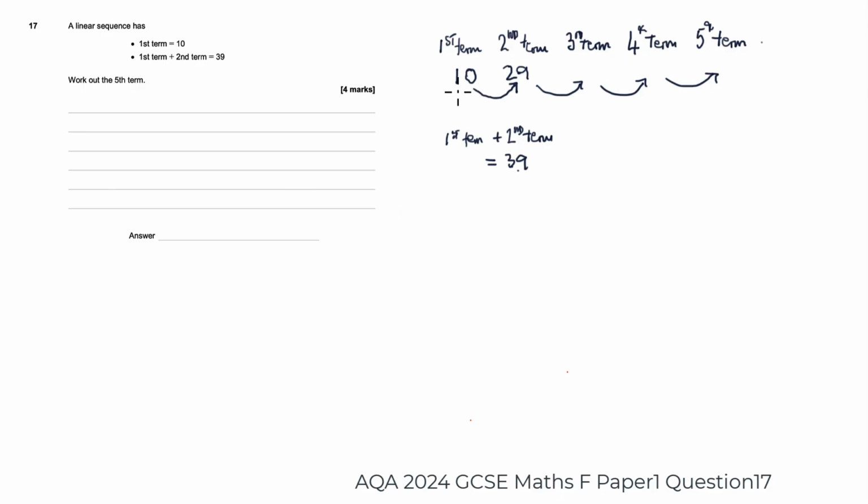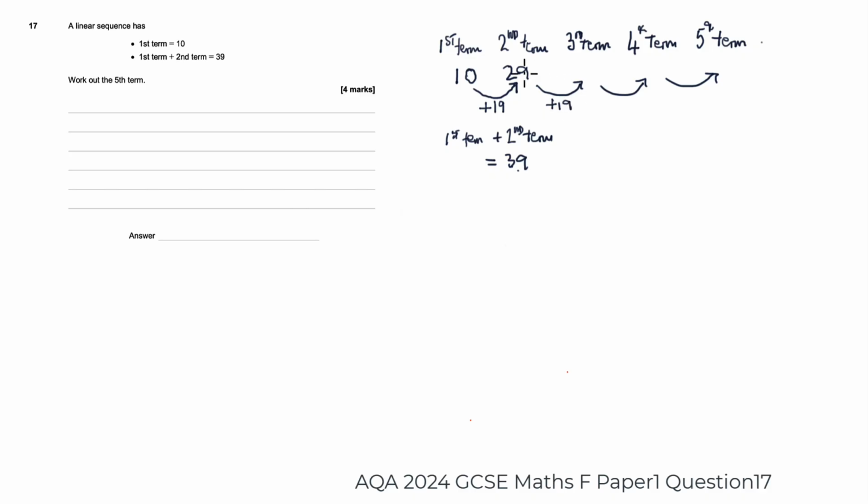So what do we add to the first term to get the second term? Well, we take 10 from 29, we'll get 19. So the rule for building up this linear sequence would be add 19 to each term to get the next term.